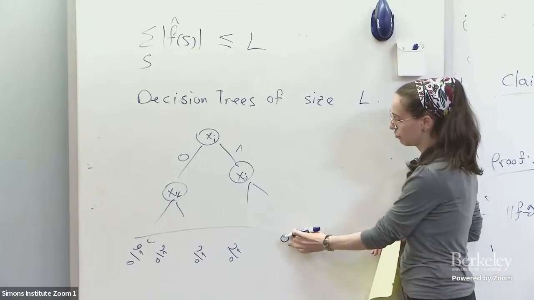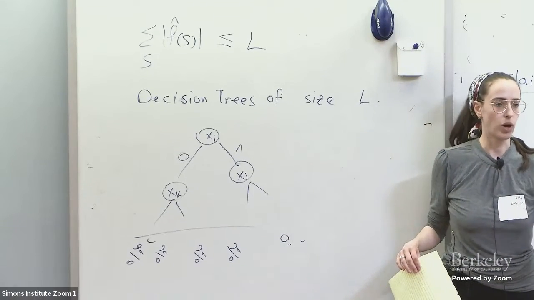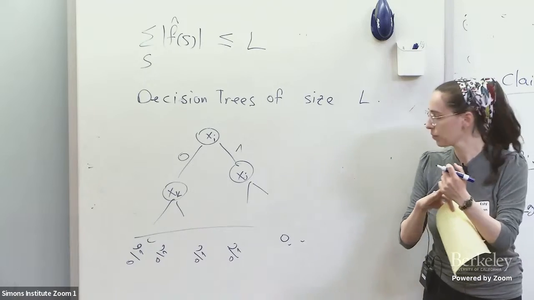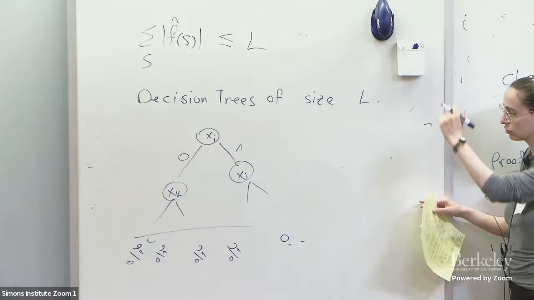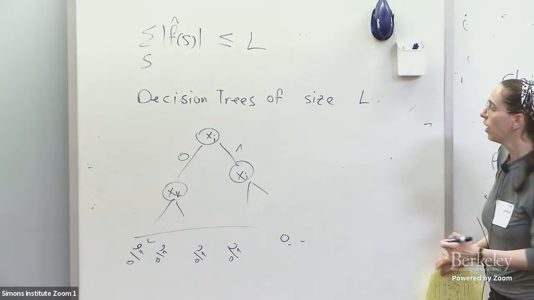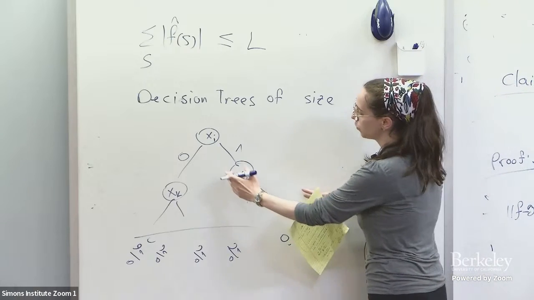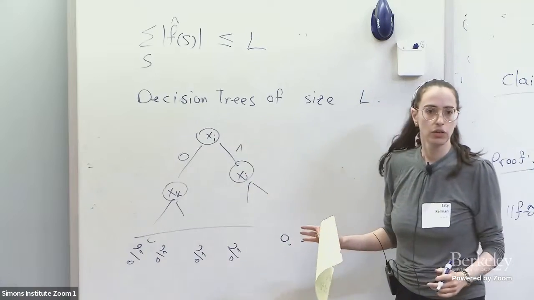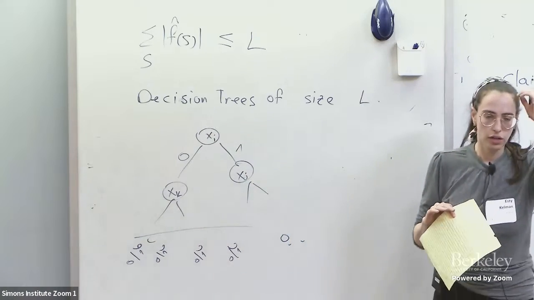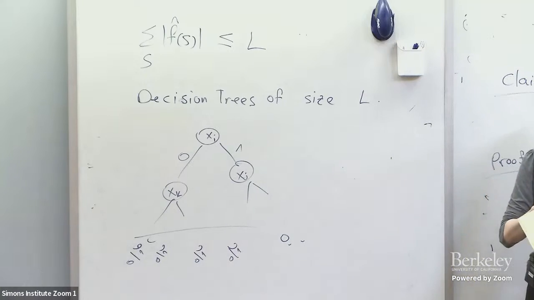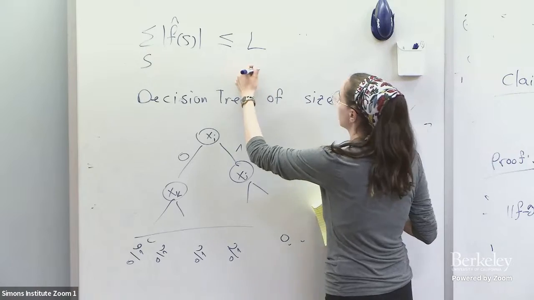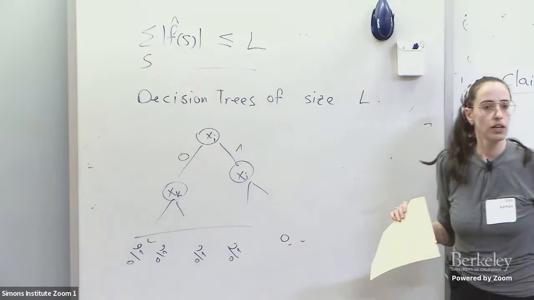Every leaf can contribute at most 1, because it is either a constant function, or you can go above, where it is just a dictatorship. And when we combine two functions, the L1 norm is at most the sum of both parts.